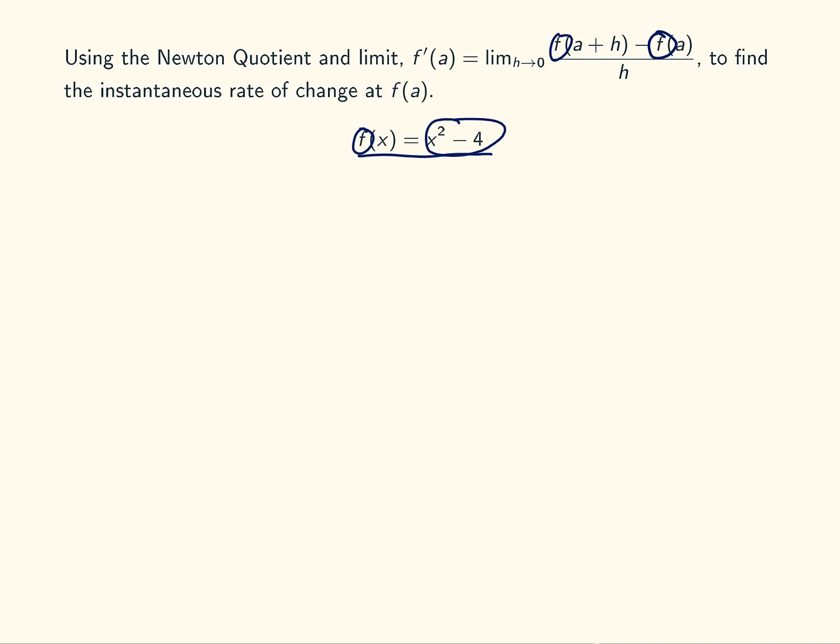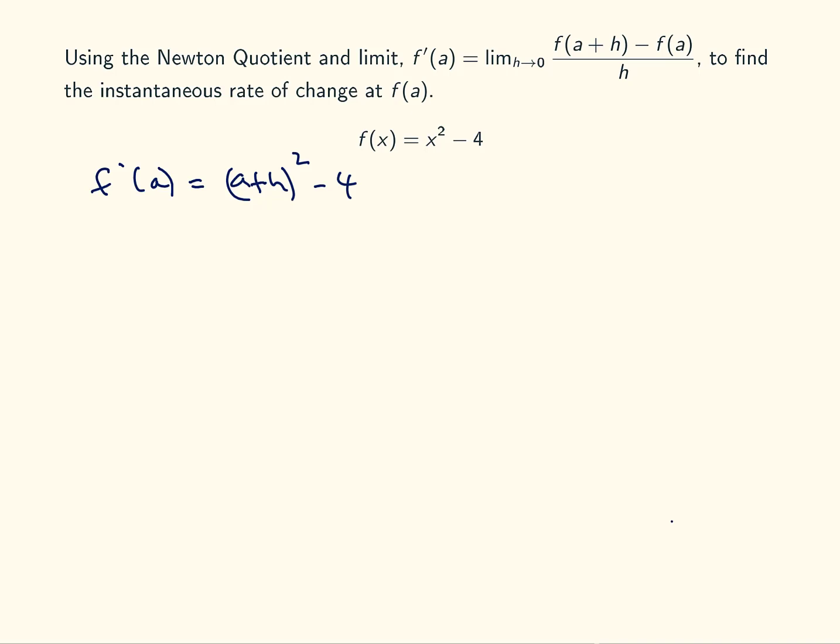So for this function, we're going to replace every x with an a. So let's go ahead and do that. We've got f prime a is going to be equal to (a plus h) squared minus 4.